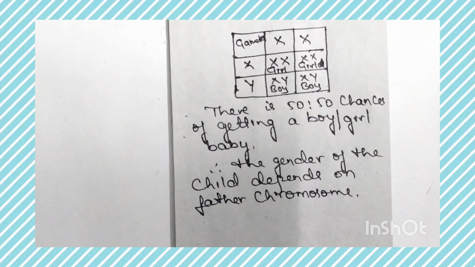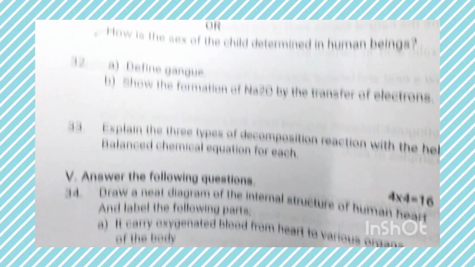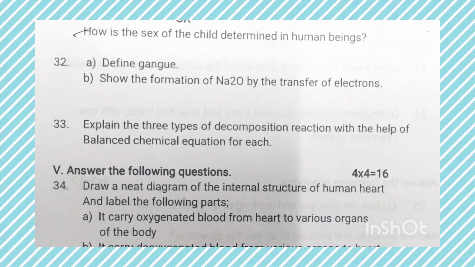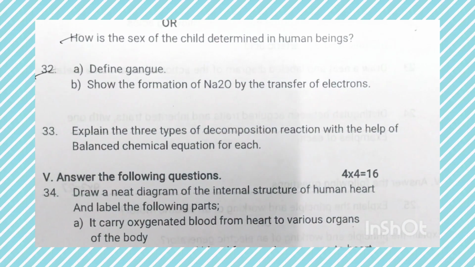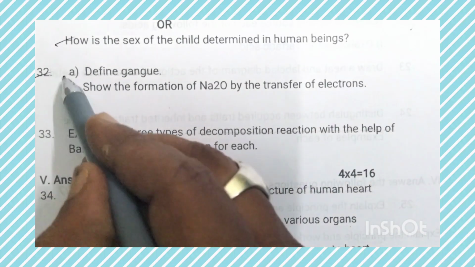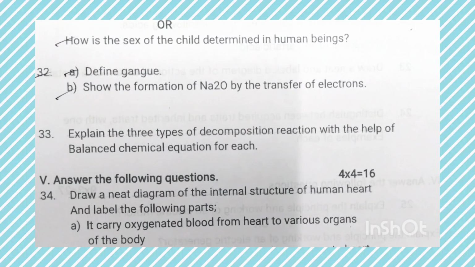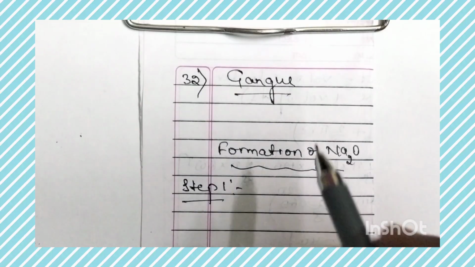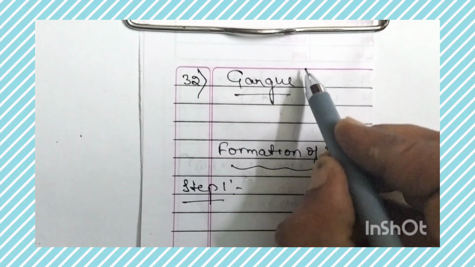After this we are moving to the next question, question number 32. Define gangue, first one. Then second one, show the formation of sodium oxide by the transfer of electrons. So let us define the gangue.